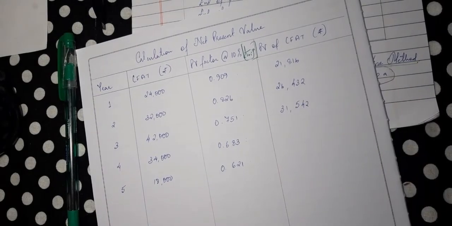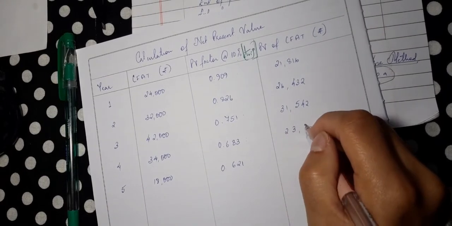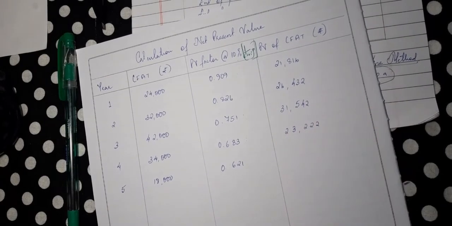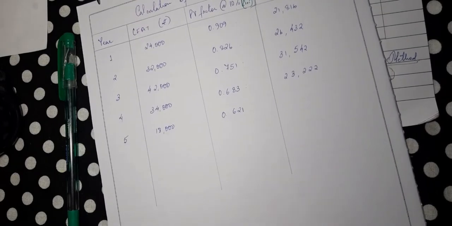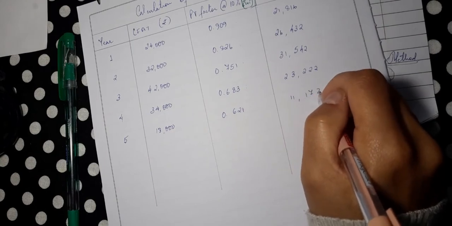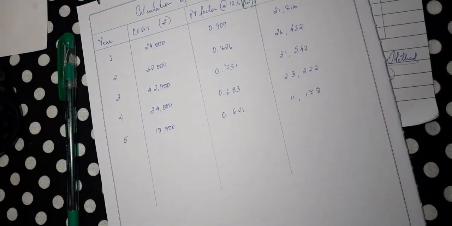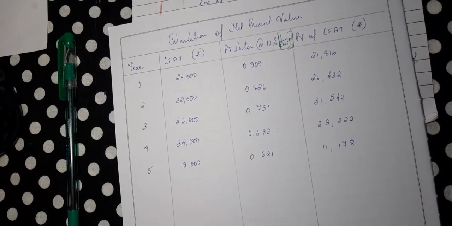Fourth year, 34,000 and 0.683, 23,222. And in the fifth year, 18,000 and 0.621, rupees 11,178.